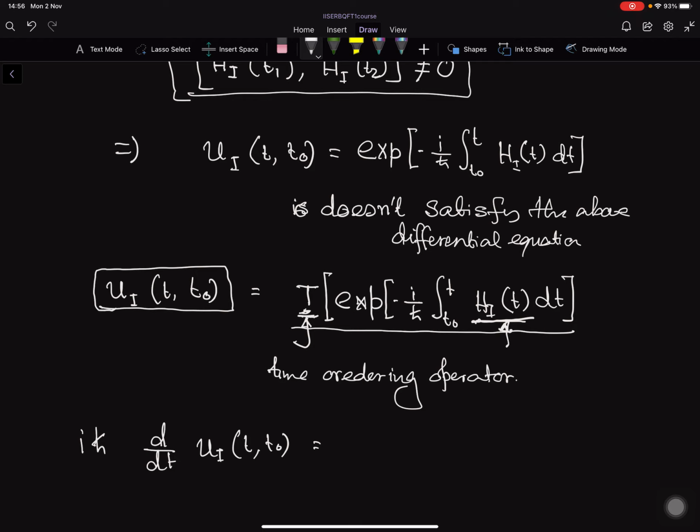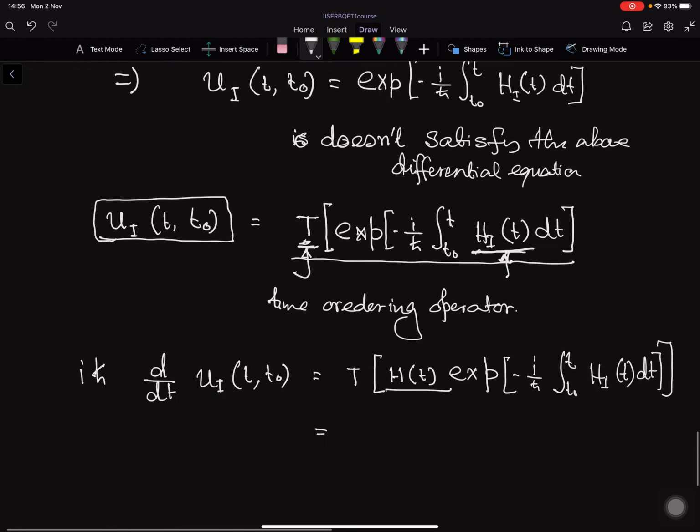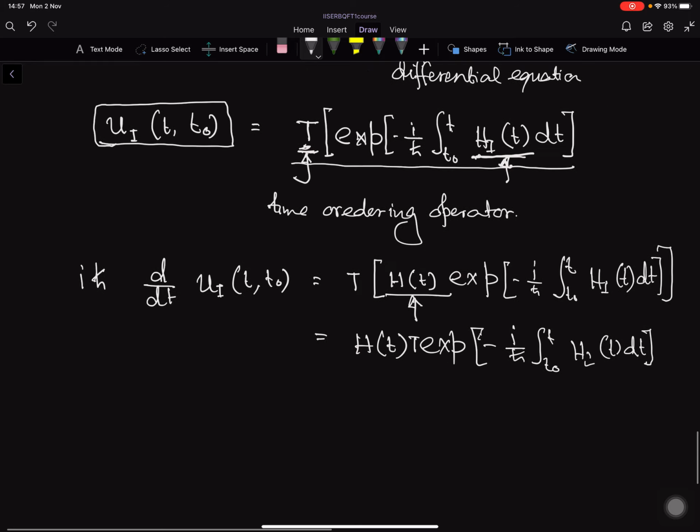But since there is a time ordering and since t is the future-most time, this is the same as Hi of t times ui(t, t0). Okay, so this is the main thing.